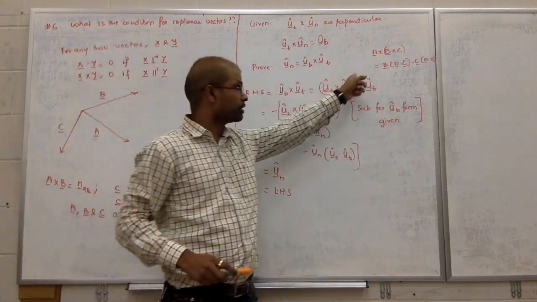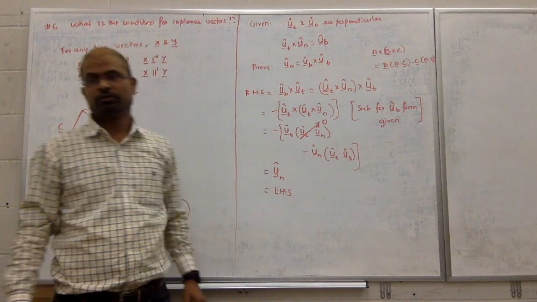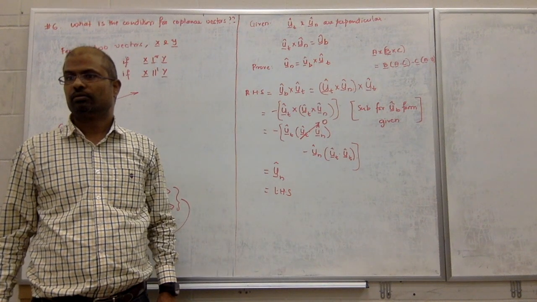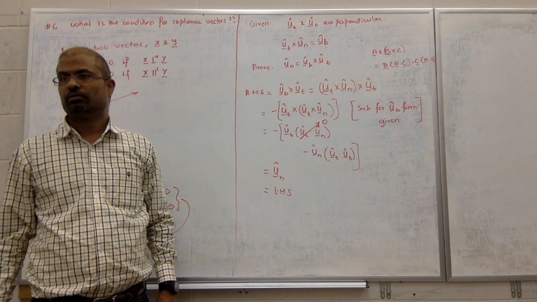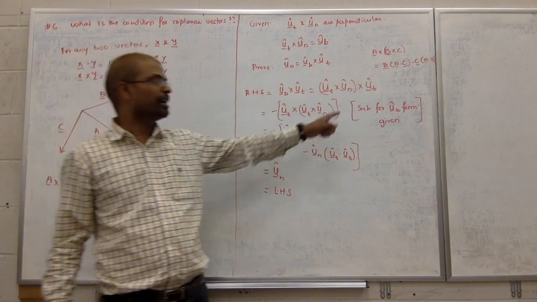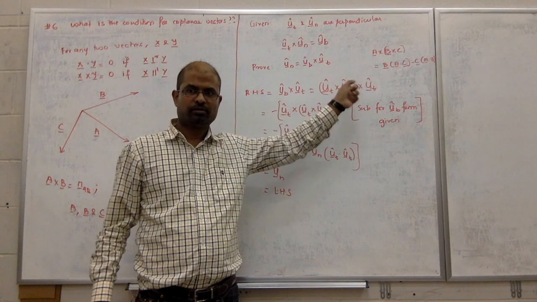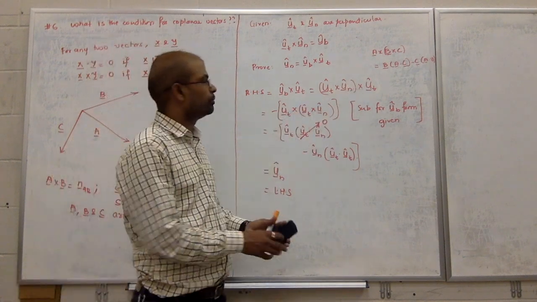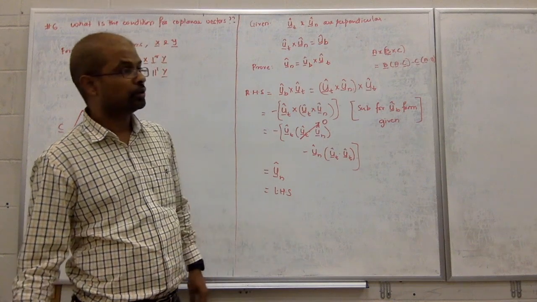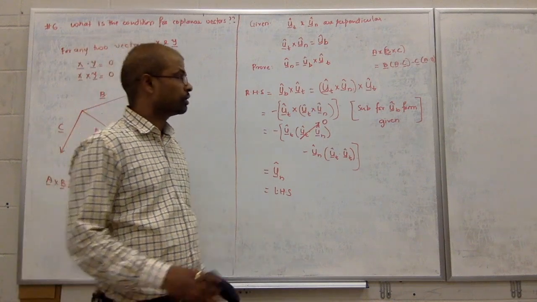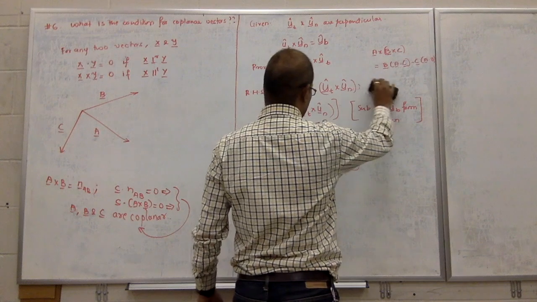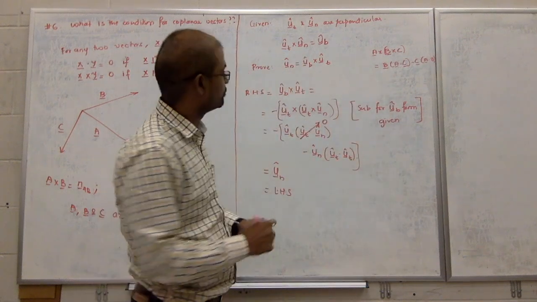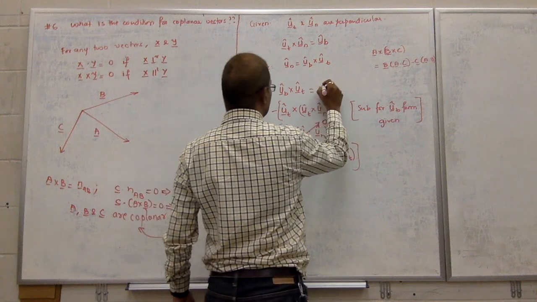Is this in that format? No. You cannot apply back minus cab to this. This is not cyclic. You cannot do the cyclic. Cyclic is for scalar triple product.